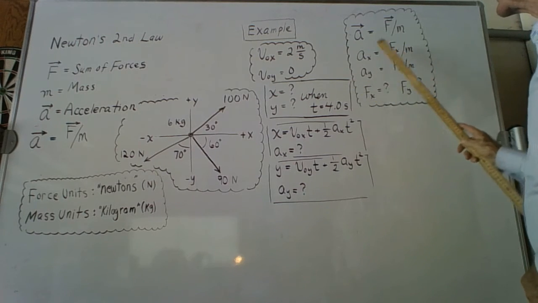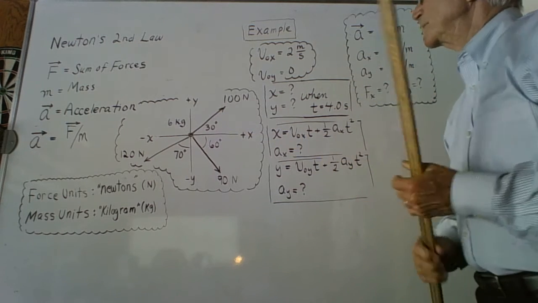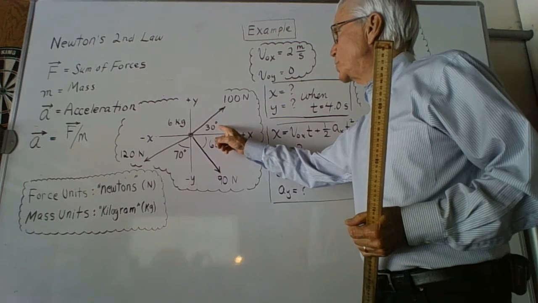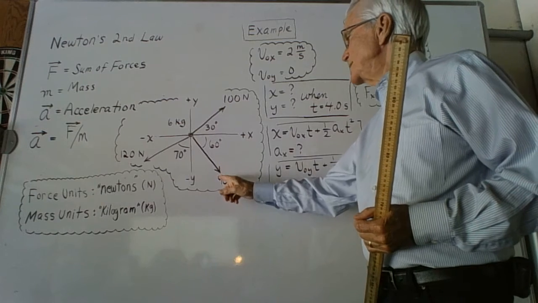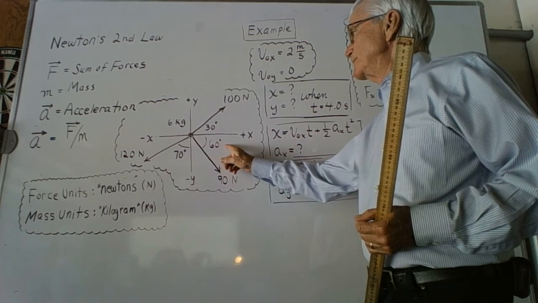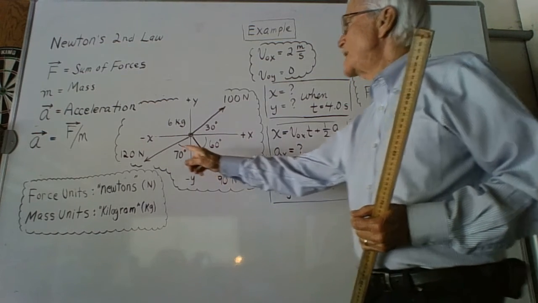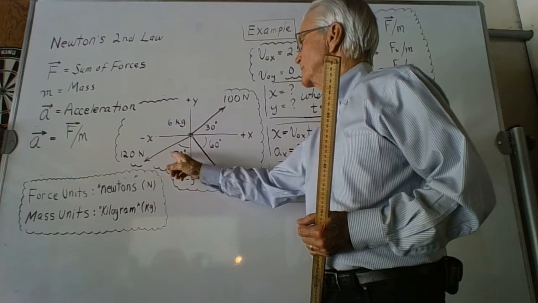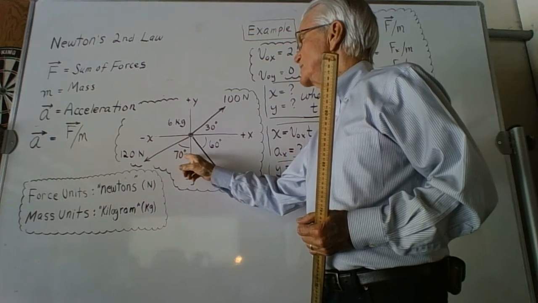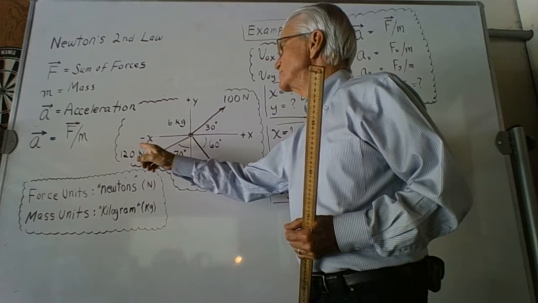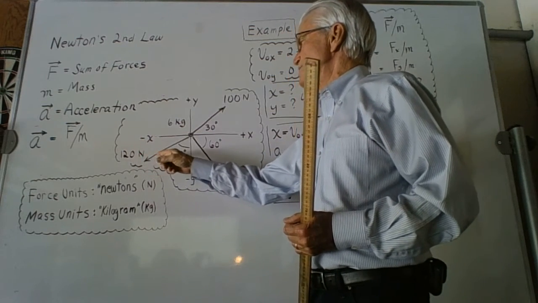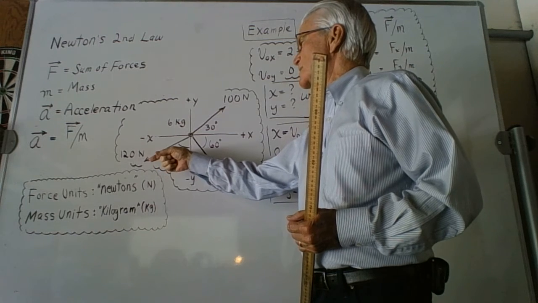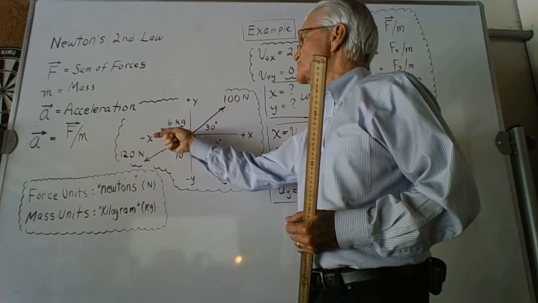F sub x is 100 cos 30 plus 90 cos 60 minus 120 sine of 70, or 120 cosine of 20 with a negative sign because that vector casts a shadow on the negative side of the x-axis.